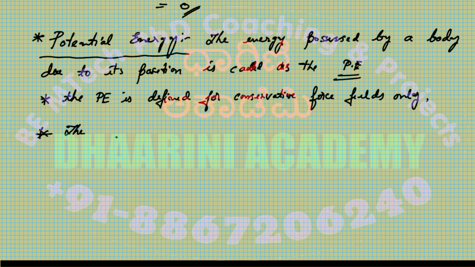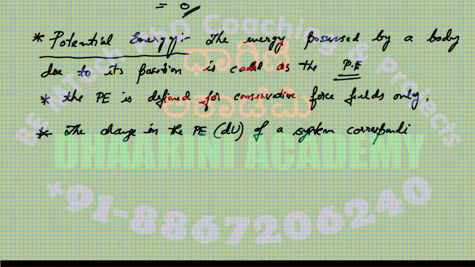The change in the potential energy, which I will denote as dU, of a system corresponding to a conservative force is, say, dU equal to negative of the force dot dr.